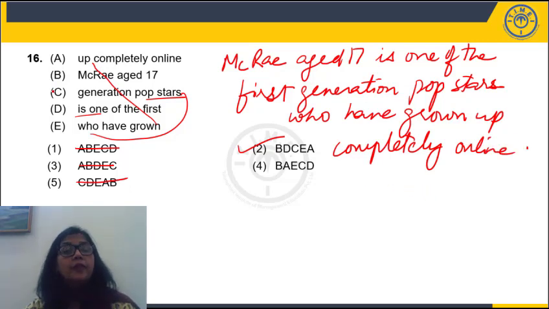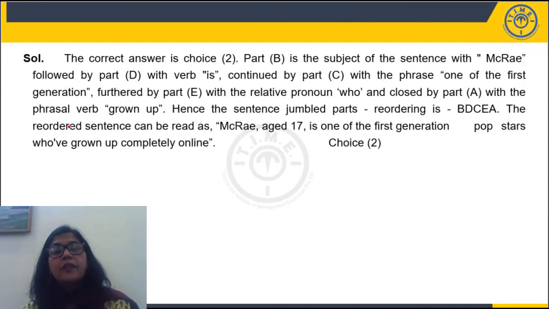So yes, all the grammatical clues that are given to you, make use of them. See how one part is being linked to the other. Fine. So here is your explanation for what we've just discussed.